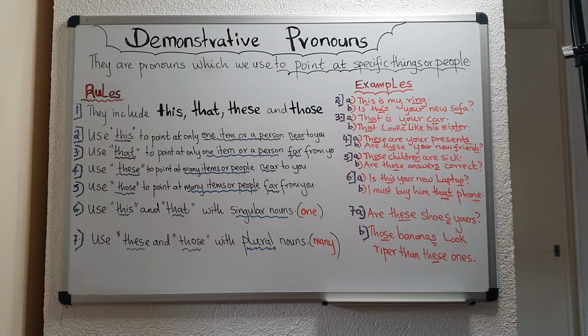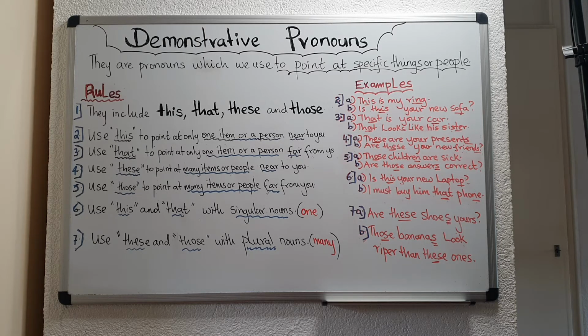So, if you want to point at just one item, or at a person that is near you, okay? They are not far, they're very near to you. Then you use the demonstrative pronoun this.